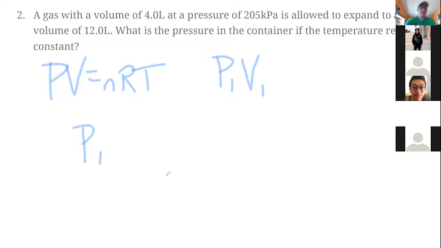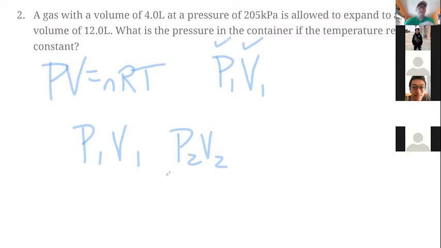So we have P1, V1, P2, and V2. What else changes? So yes, the volume is going to change. Anything else? The pressure. The pressure is going to change, right?